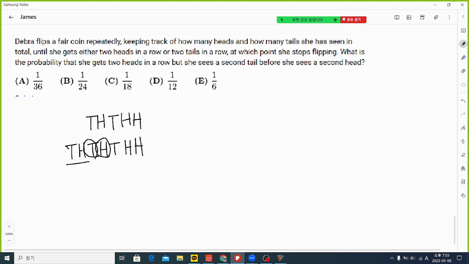So the first probability is 1 over 32 because there are 5 flippings, and that's one case out of 5 flippings. So 2 to the 5th power is 32. And for the second probability, adding T H means we are multiplying 1/4 to the original probability.